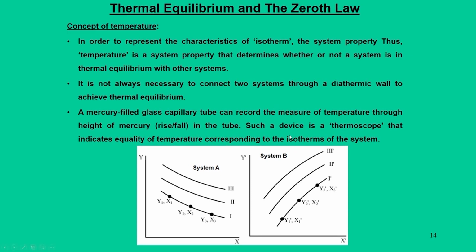Such a device we call a thermoscope, or many times we call it a thermometer. Ultimately, what it indicates is the equality of temperatures corresponding to one particular isotherm of the systems.